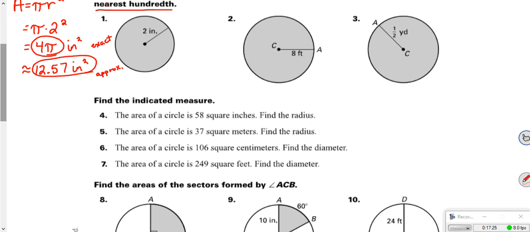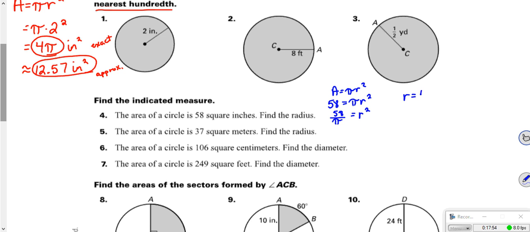Now 4 through 7, it says find the indicated measure. The area of a circle is 58 square inches. Find the radius. So all we're doing is working backwards. Again, area equals pi r squared. So if our area is 58, and we have to find the radius, then that means the radius squared is 58 over pi.